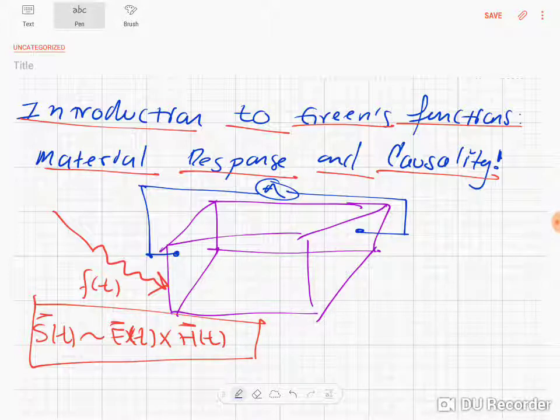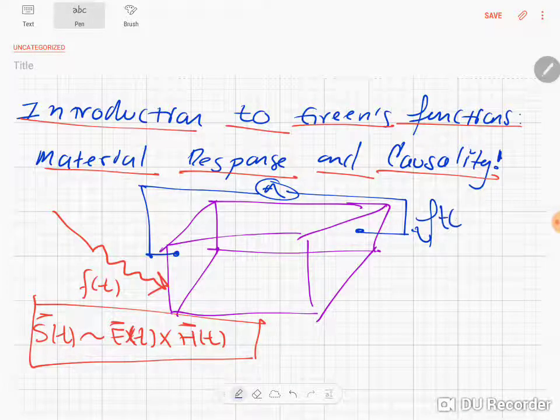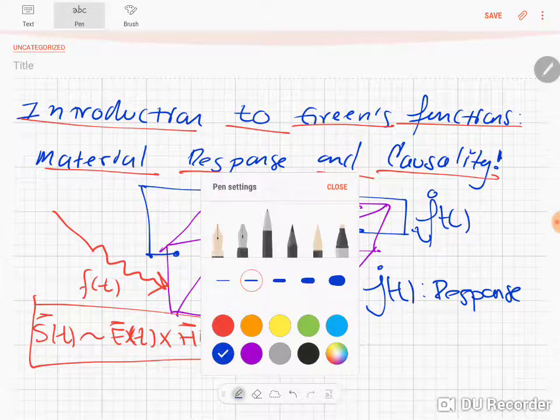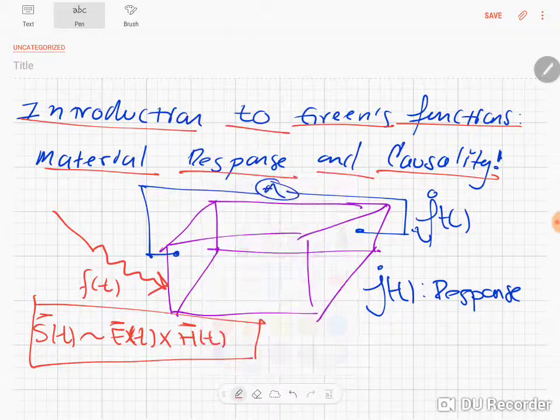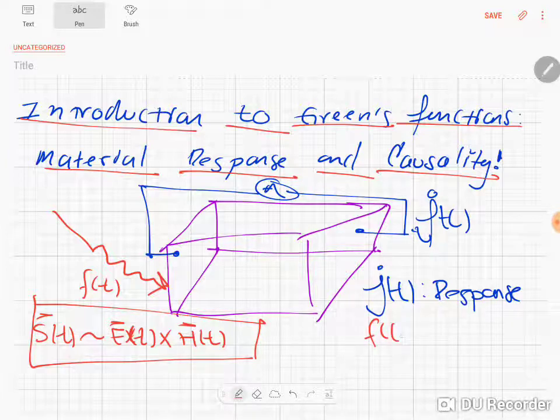But in the more general case, let's say that this current here is local, J of t, and then I can say that J of t is the response to an excitation, F of t, which is the optical field. So this is the excitation.